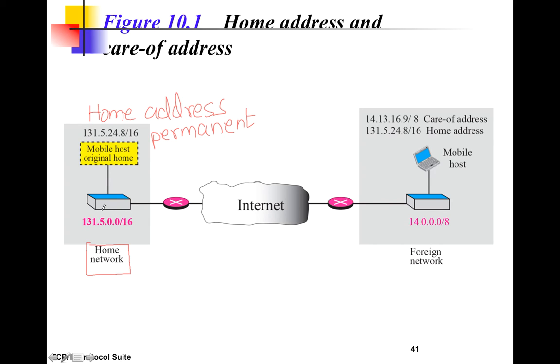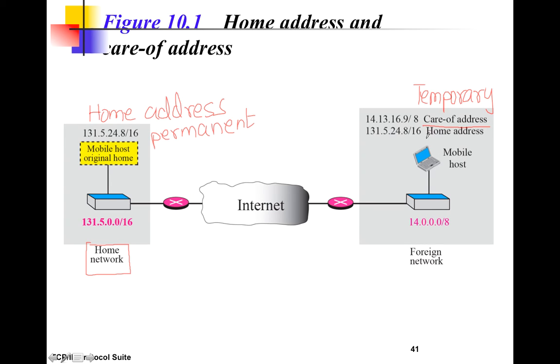Now, when the mobile host goes to a new network, it will get a new address which is called the care of address. Now this care of address is temporary. It is assigned temporarily to the mobile host.